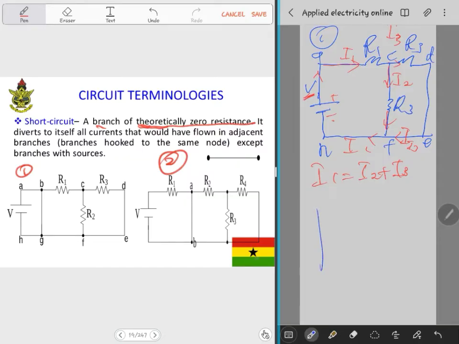So there's the same circuit. Resistor 1, resistor 2. It comes here, right? Let me bring this side.